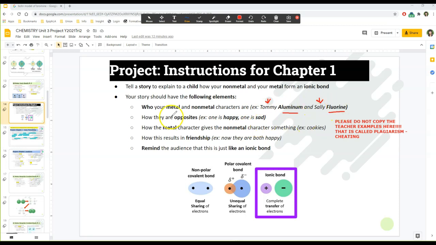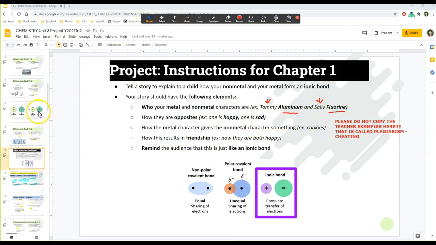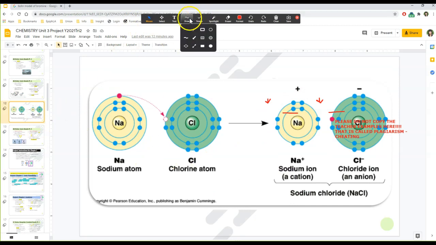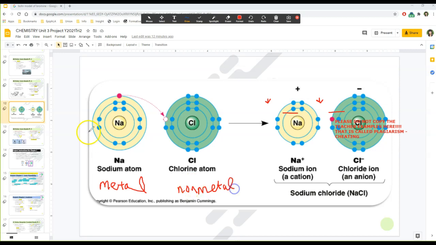Specifically, remember that in ionic bonds, the metals, all right, so this is our sodium, metals actually give something to the chlorine. So in this case, my example was one of these is happy, one of these is sad, and then we give something to the sad one. So in this case, it would make more sense for the chlorine to be the sad one.